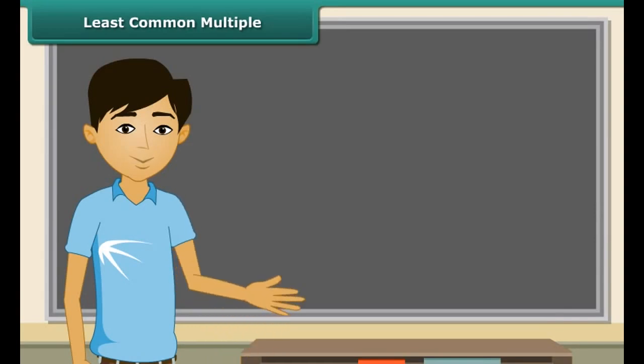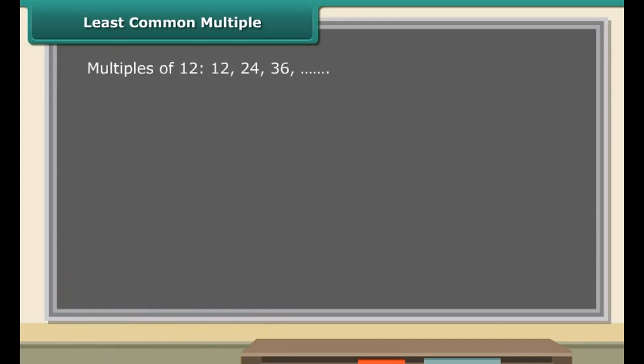Recall that common multiples of two numbers are those numbers which are multiples of both the numbers. Let us now use this knowledge to find the least common multiple of two numbers. Consider the two numbers 12 and 18. The multiples of 12 are 12, 24, 36 and so on.